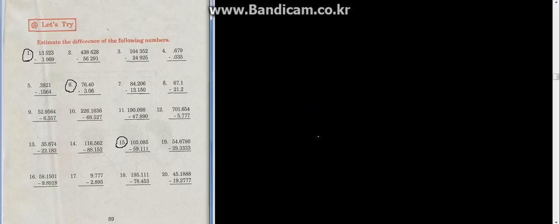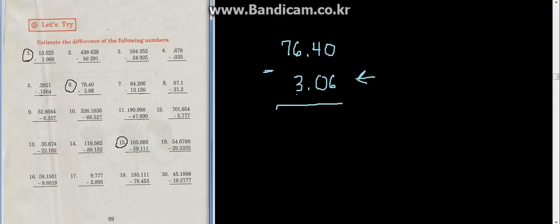Okay, so let's go to number 6. We have 76 and 40, and the second number we have 3 and 6 hundredths. We'll look at the minuend, and the biggest place value is this 3, the ones place, right? Let's circle with another color.